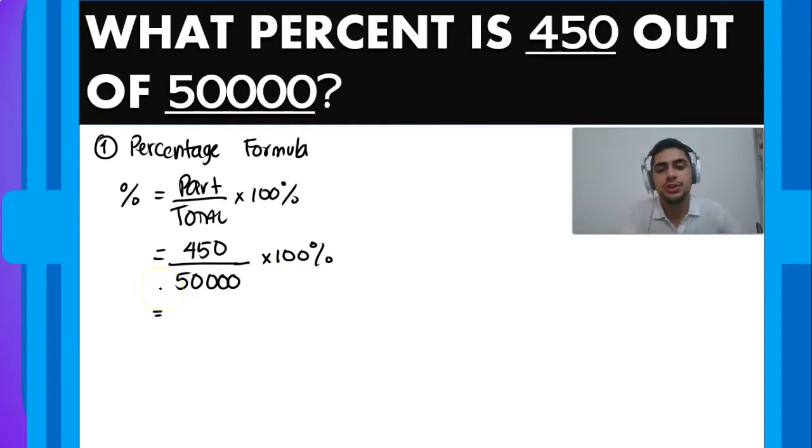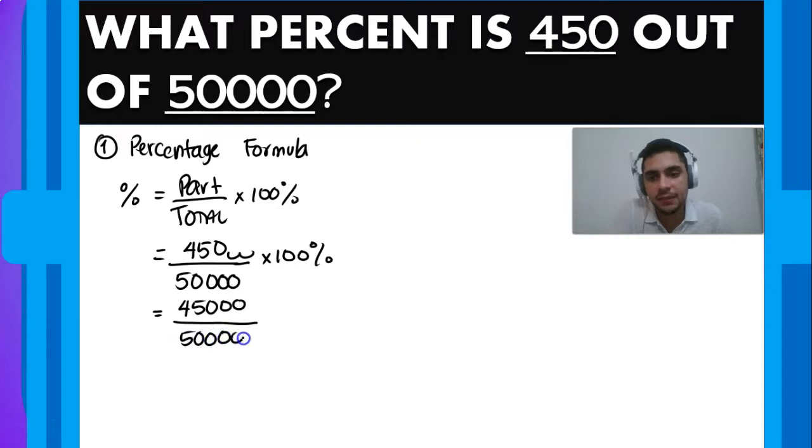So what you can do is that you multiply 450 times 100, right? And when you do that, you get 450, and then you add two zeros because you're multiplying by 100%, and then you're going to divide that by 50,000, right?